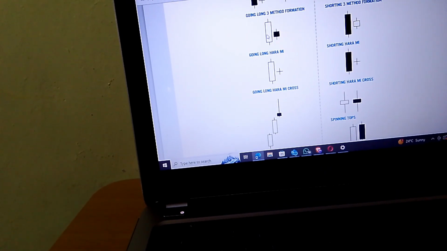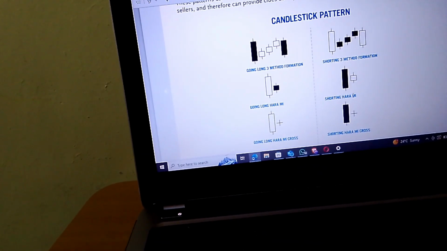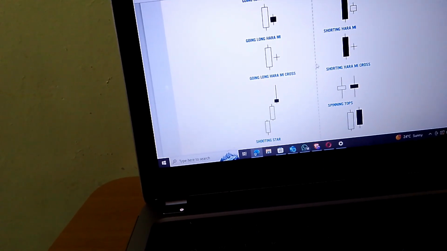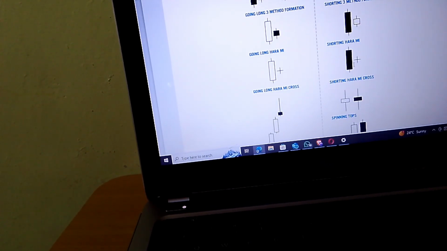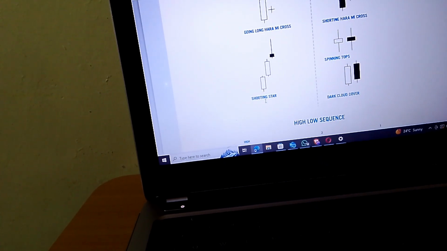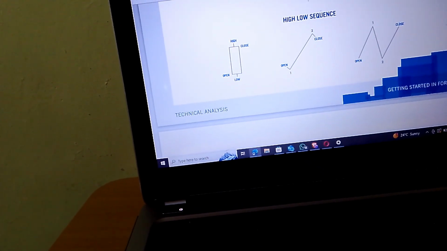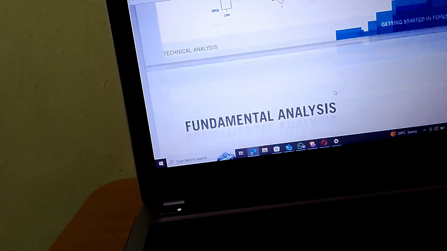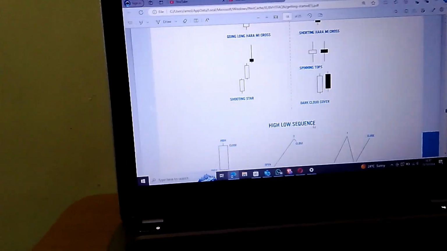So this one seems to be going long harami and shorting harami, we'll see that. And then going long harami cross and shorting harami cross. Shooting star, and then there are spinning tops, dark cloud cover, high low sequence, open to close. Okay, that one is not well expounded in this book, so we'll move to another book.